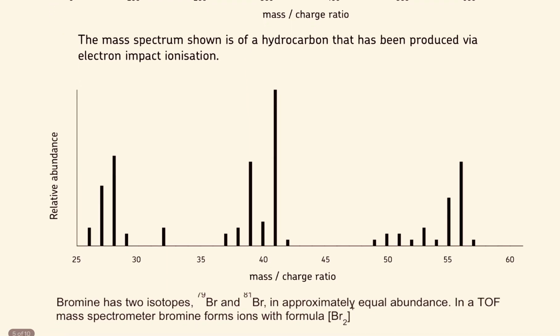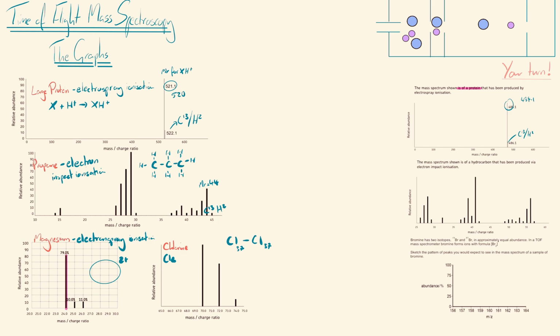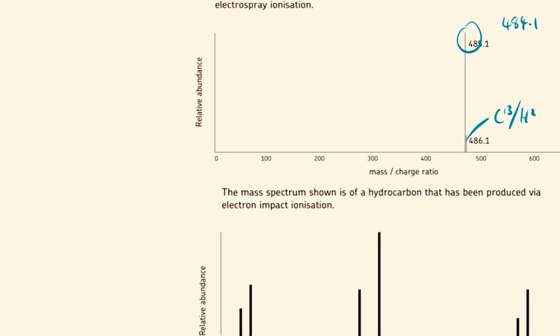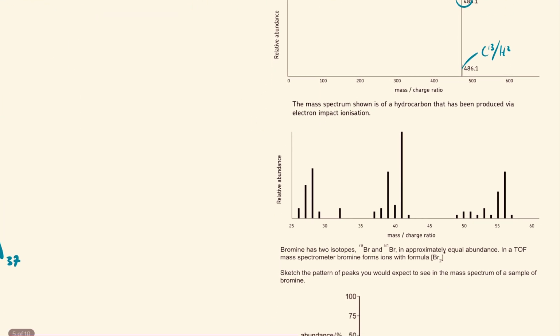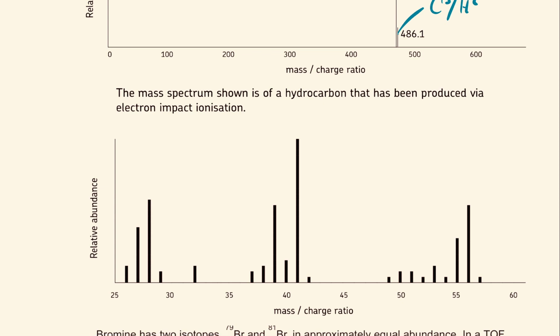Mass spectrum of a hydrocarbon. Again, we're looking for the big peak. Sorry, this will be electron impact, and so we've not got any plus ones. So we're looking for a big peak, which is this, the highest big peak. That gives us 56.